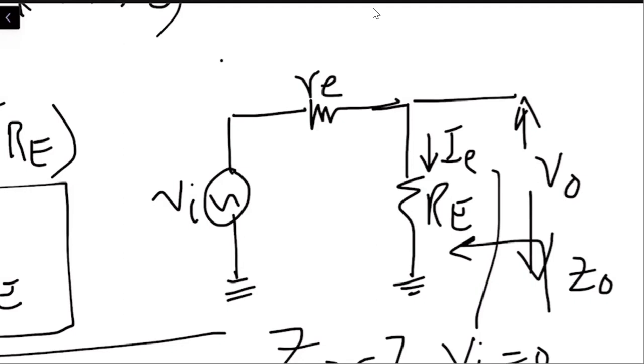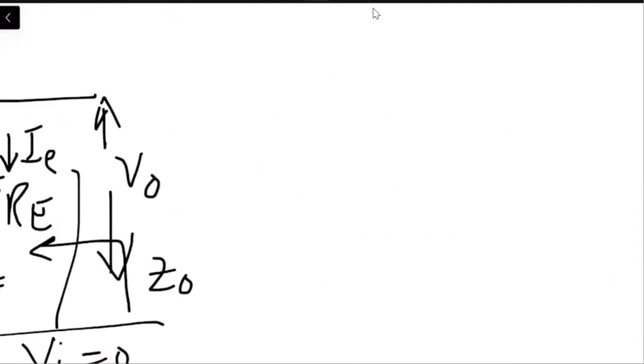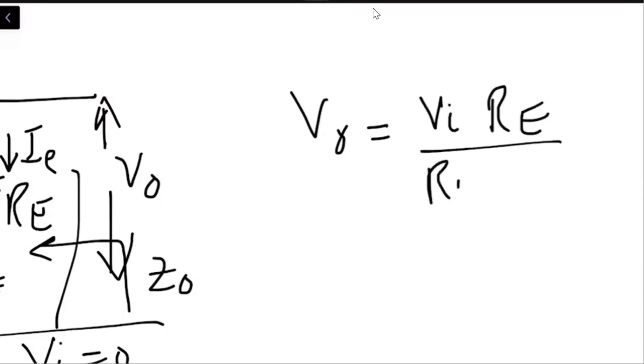So if we take a look from here, V naught should be equal to Vi into capital RE divided by RE plus small re. Are you with me?